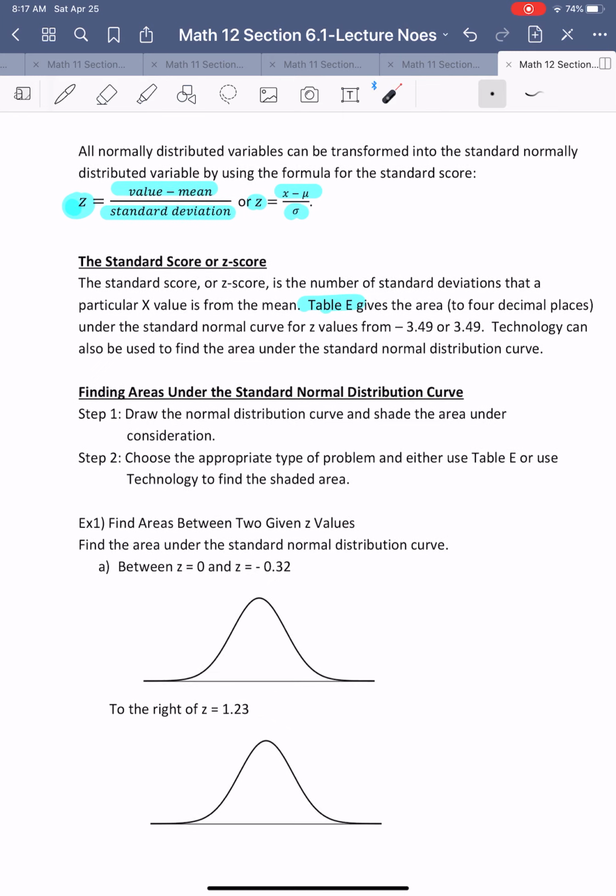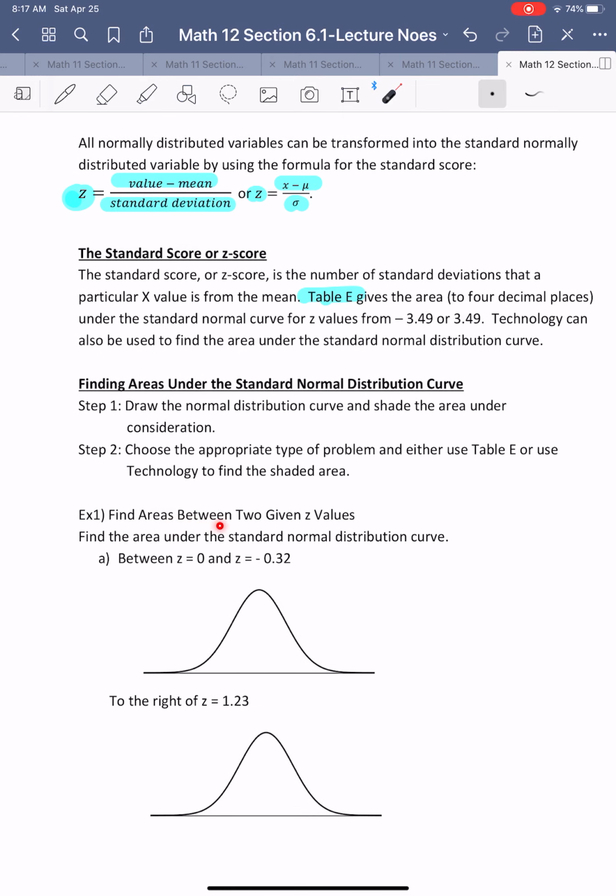So number 1, find the area between the two given z values. So find the area under the standard normal distribution curve. Here we have z equal to 0, which is right in the middle, and then z is negative, but very narrow, about here, negative 0.32. So we are looking for the area between 0 and negative 0.32.